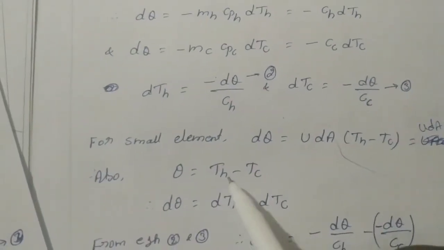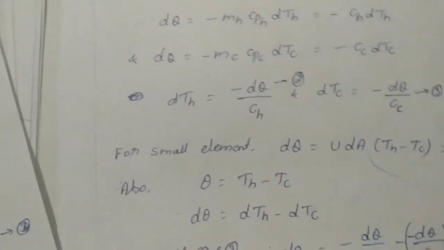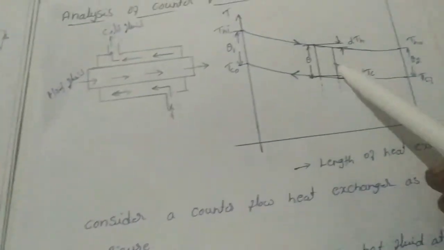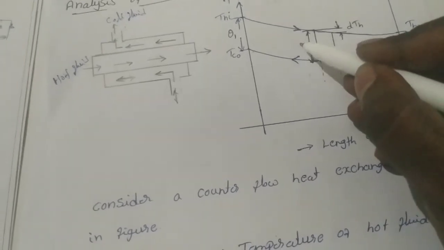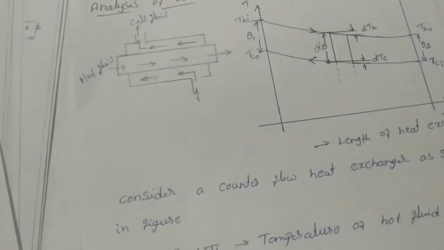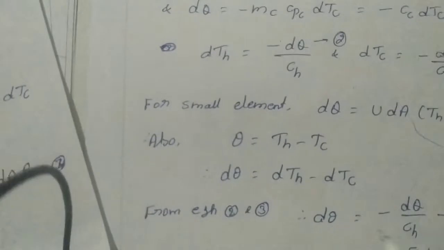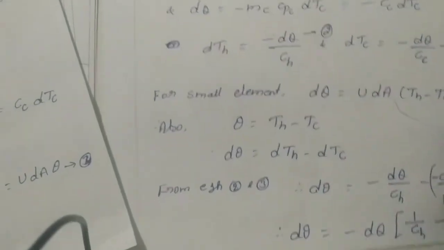So theta is equal to Th minus Tc as shown in the diagram. Look at it, this is the theta; we call dTh minus dTc as d theta. So d theta is equal to dTh minus dTc.